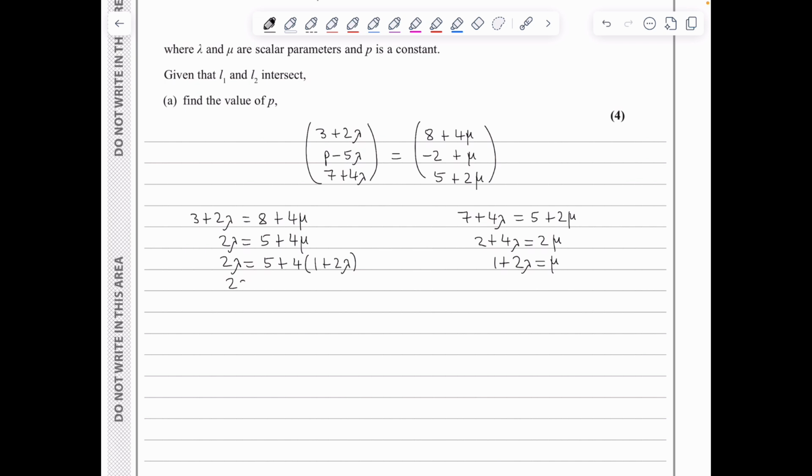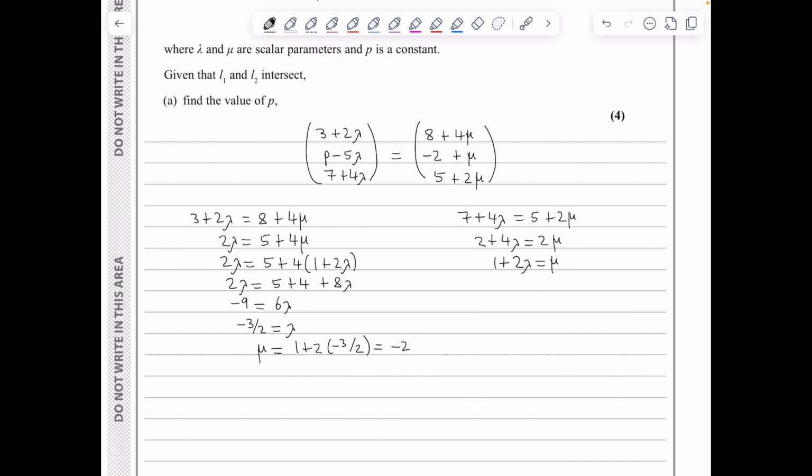I will expand to get 2 lambda is 5 plus 4 plus 8 lambda, which leads to minus 9 is equal to 6 lambda, and therefore lambda is minus 3 over 2, which means that mu is 1 plus 2 times the minus 3 over 2, which gives an answer of negative 2.